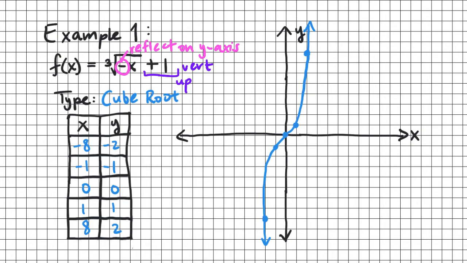All right, so let's do that. Let's reflect. If we're reflecting on the y, the y-axis is going to be like our mirror. So anything that's on the right is going to go to the left, and anything that's on the left is going to go to the right. So do something like this, and then we're going to move all these pink points up 1.